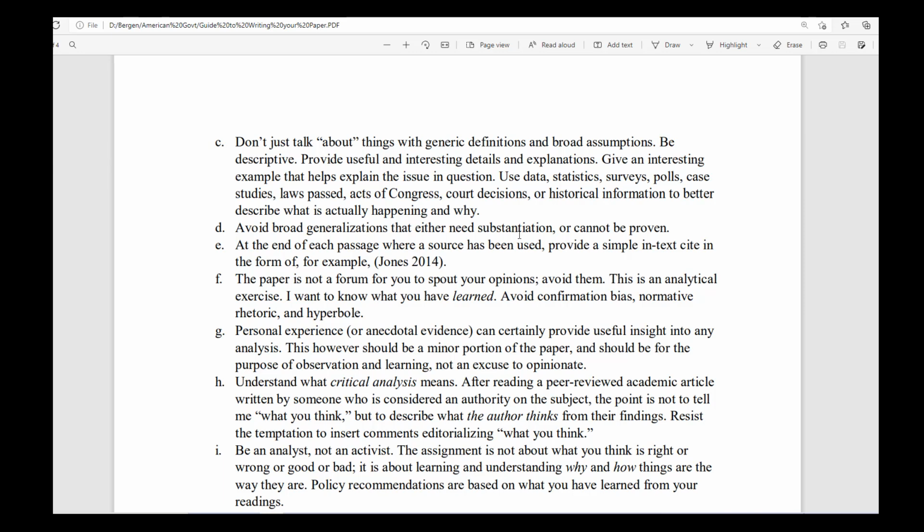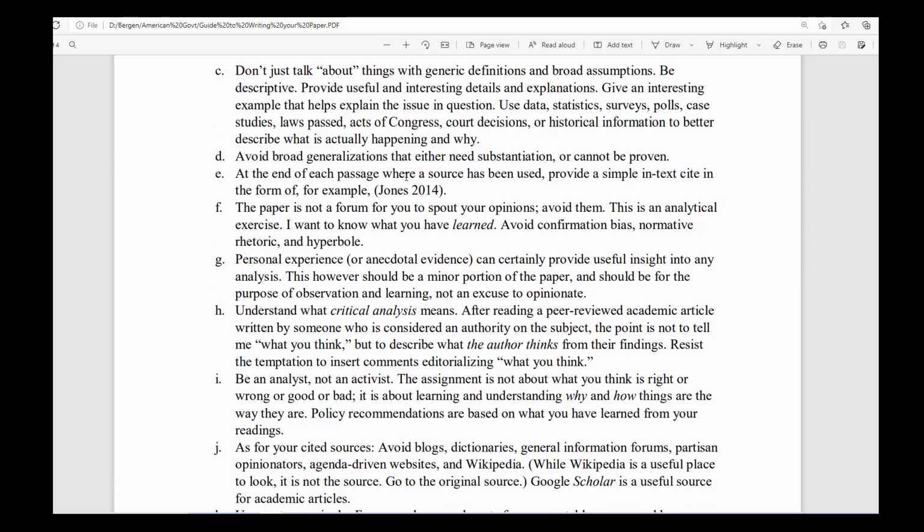That is a lot more credible than just saying something off the top of your head that, oh, yeah, most people think this. Well, that's called hearsay, and that's really not going to provide anything useful to your paper. So avoid those broad generalizations that need substantiation or that cannot even be proven.